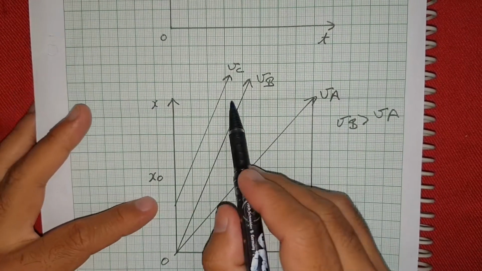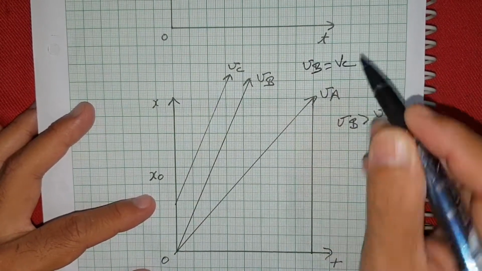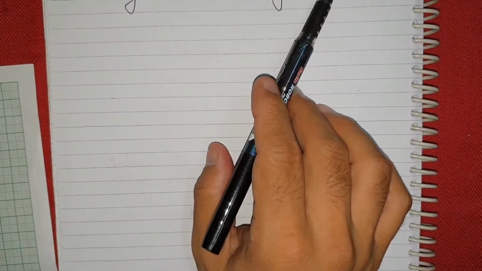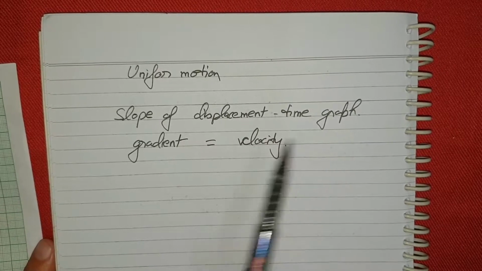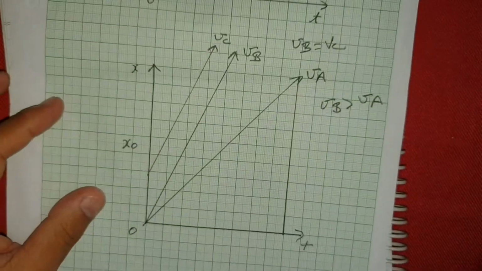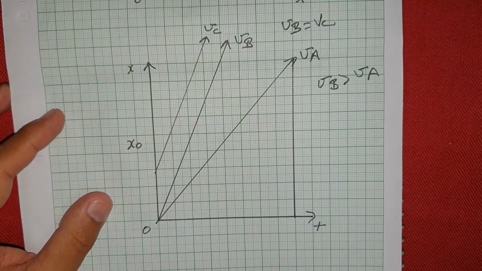So we can see that VB is equal to VC. Why? Because they have the same slope. So the slope of the displacement time graph, or the gradient, gives you the velocity. And how to find the slope? You do y-intercept by x-intercept.